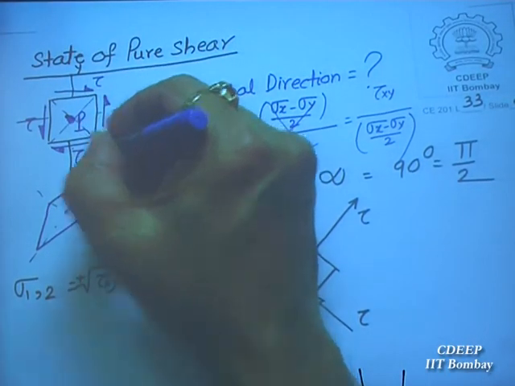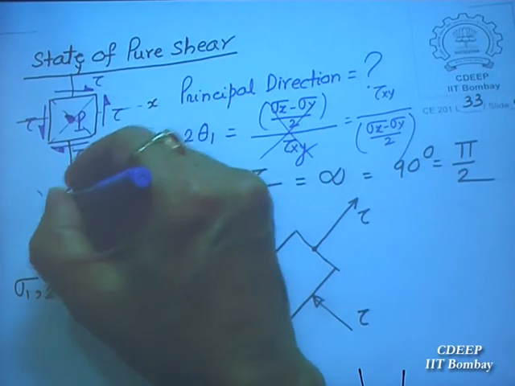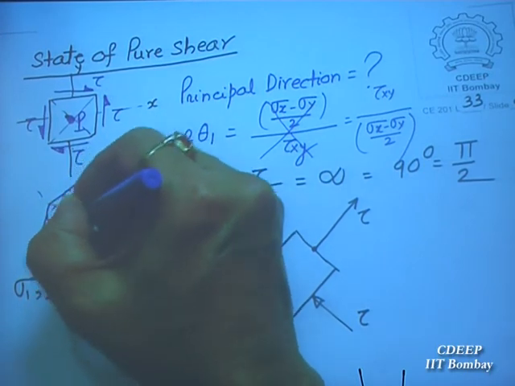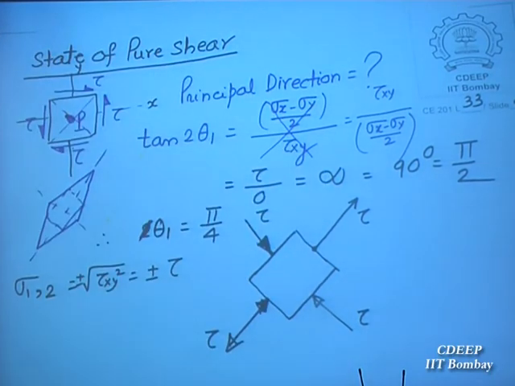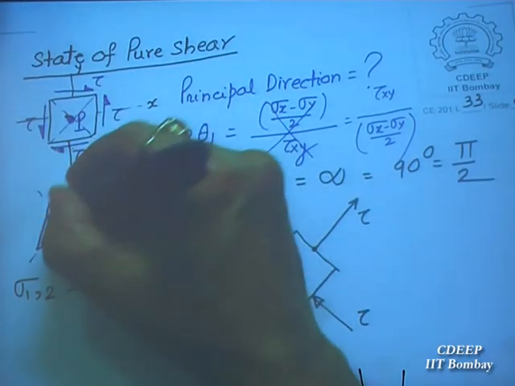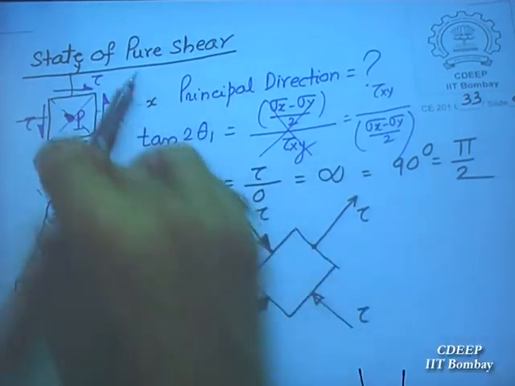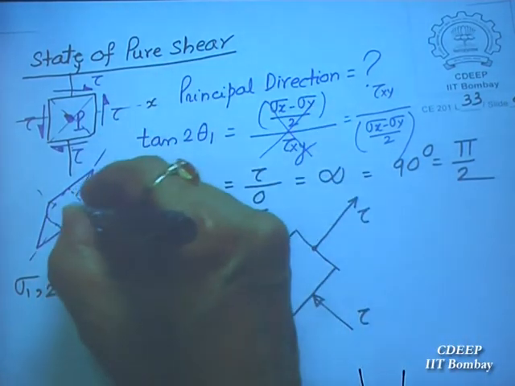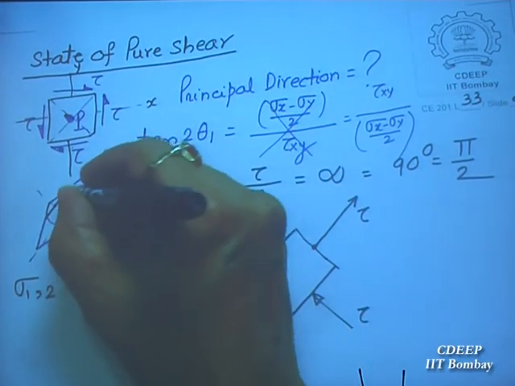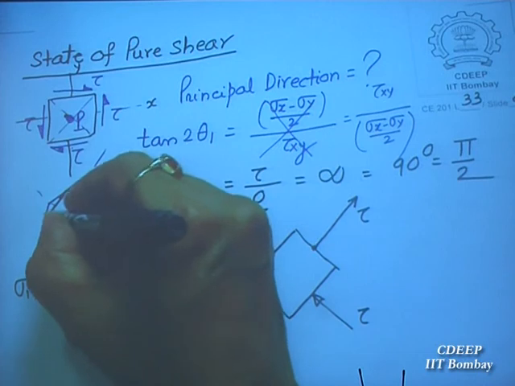The shape of the element becomes like this, and therefore your element at 45 degree here, I'm drawing this small element inside. ये जो अंदर का एलिमेंट है, छोटा सा मैं उसके.